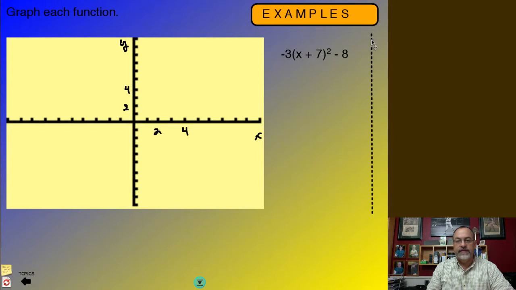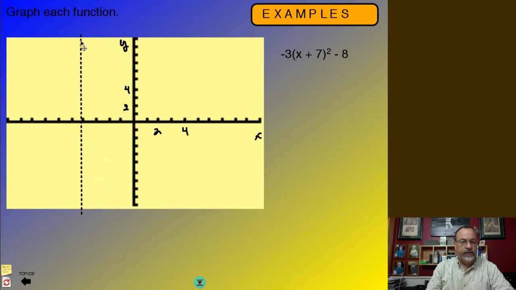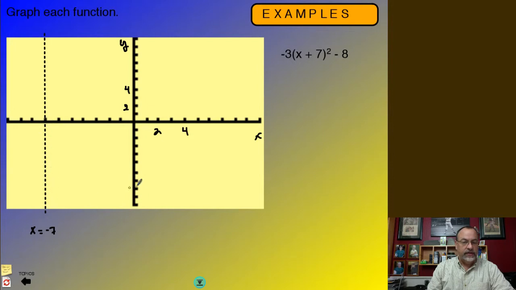So a positive 7 means I'm shifted to the left 7. So 1, 2, 3, 4, 5, 6, 7. So my axis of symmetry is at x equals negative 7. The vertex is shifted down 8 along there, so that's going to be about right here. So that is at negative 7, negative 8.